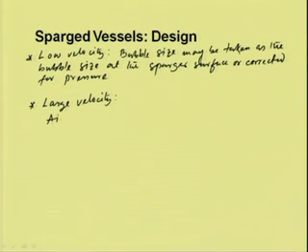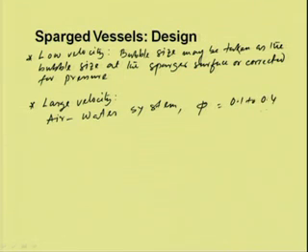So, in case of air water system, and phi g in the range of 0.1 to 0.4, VL by 1 minus phi g is generally in the range of 0.15 to 15 meter per second.